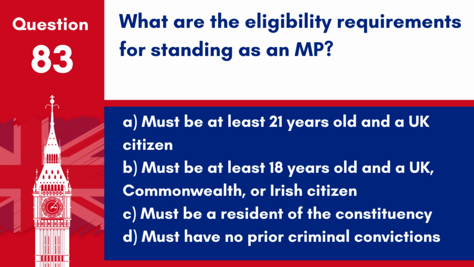D. Must have no prior criminal convictions. Answer. B. Must be at least 18 years old and a UK, Commonwealth or Irish citizen. Those eligible to stand as an MP must meet these age and citizenship criteria, among other qualifications.